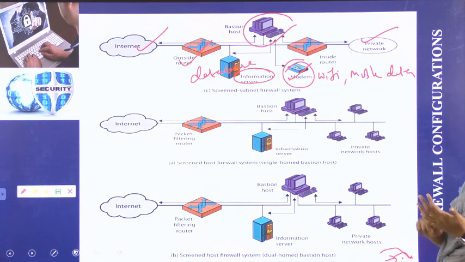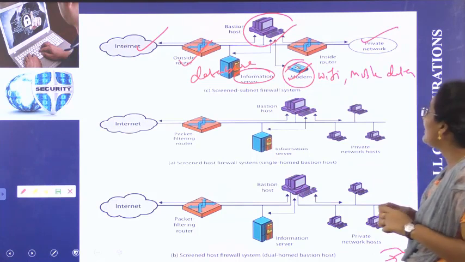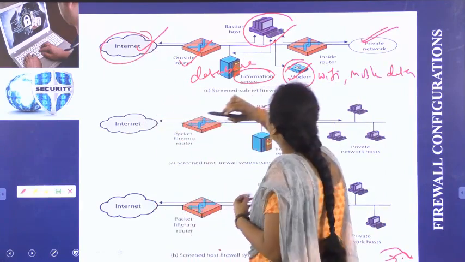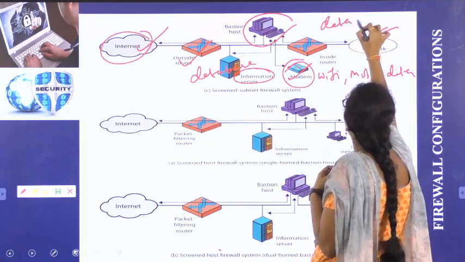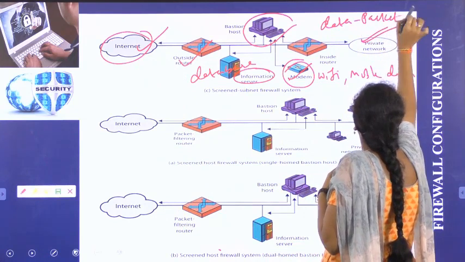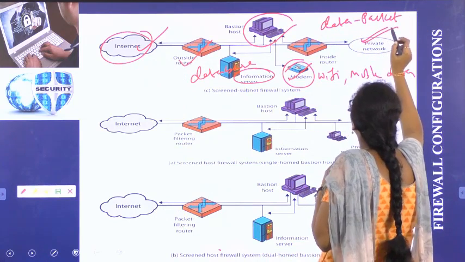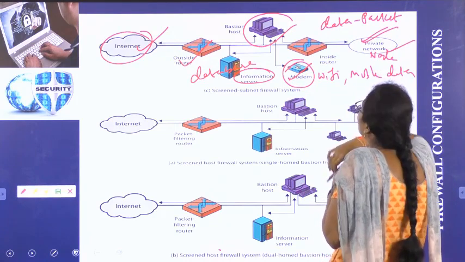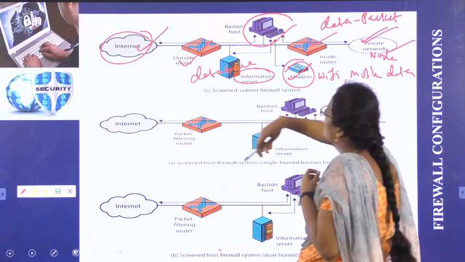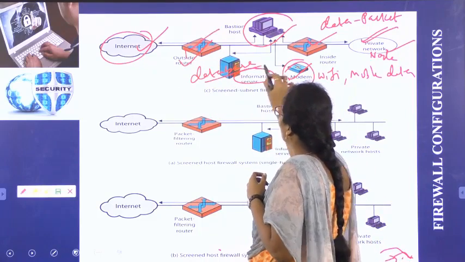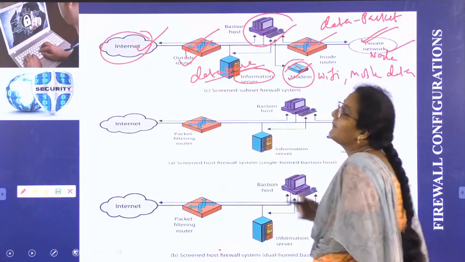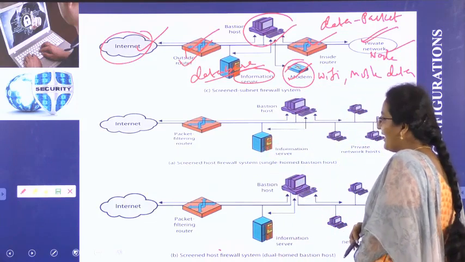From the internet you need to get data, nothing but packets, to your private network. You are the node in this private network. So we are using inside router, outside router, information server, nothing but database. Using all these things we are getting packets of data into the private net.